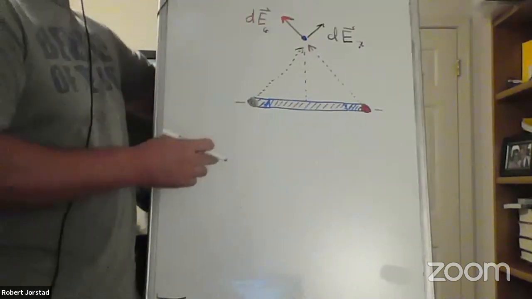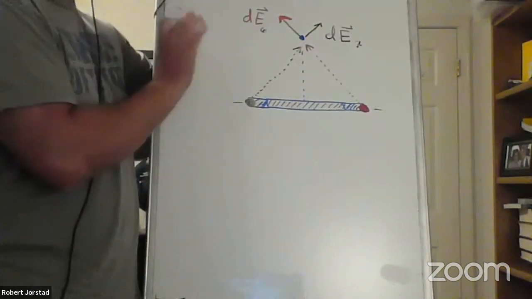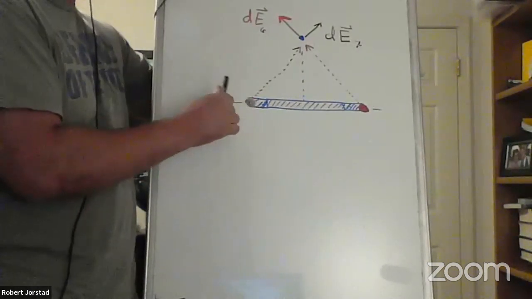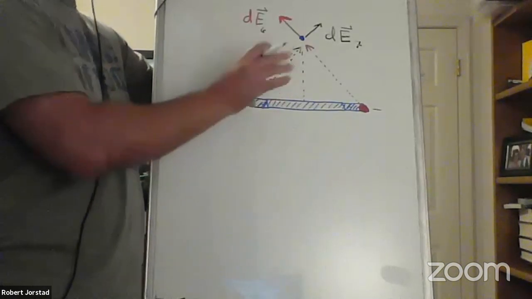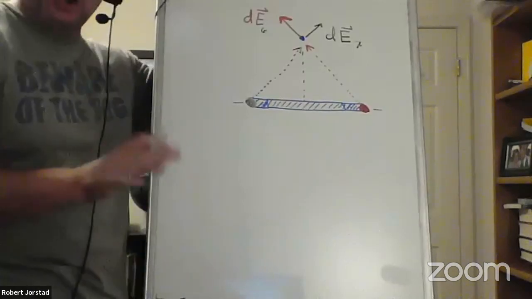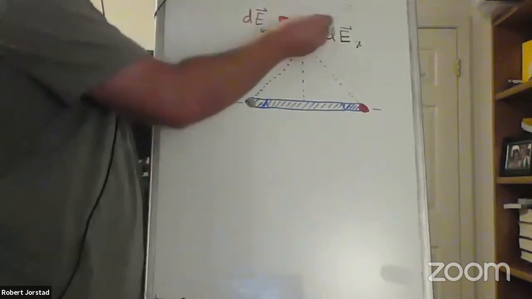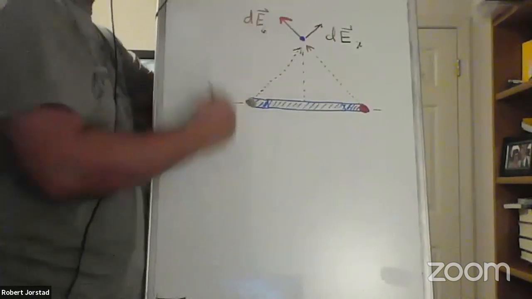And so the idea is, by looking at the symmetry of the components, everything except the vertical component should drop out. We see that this horizontal and this horizontal are in opposite directions.